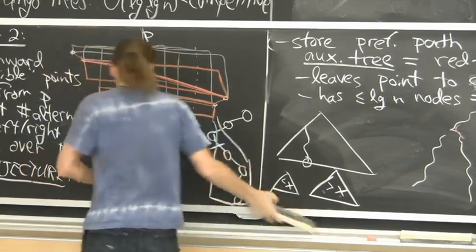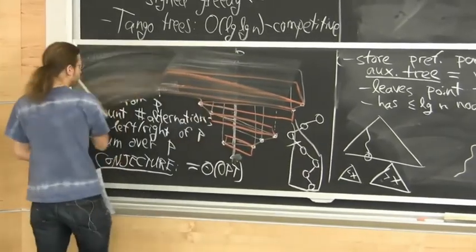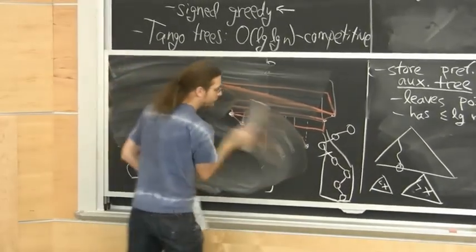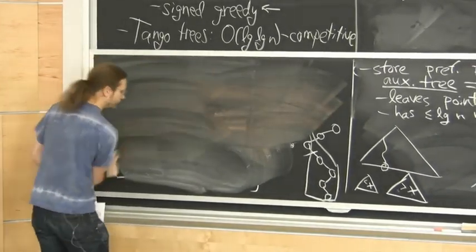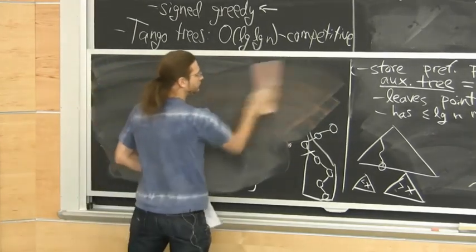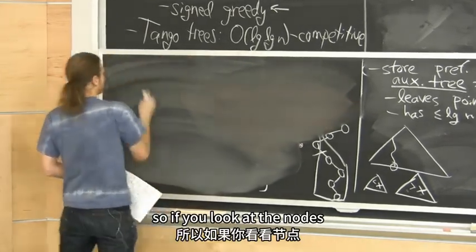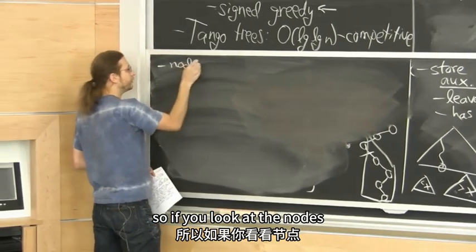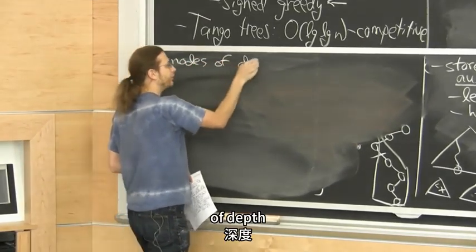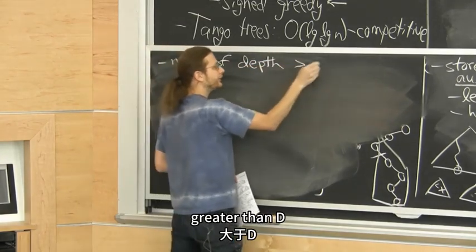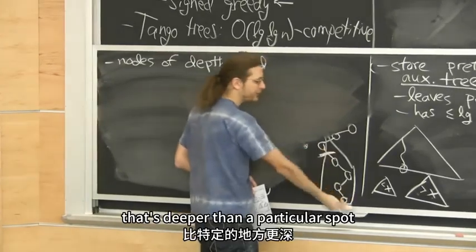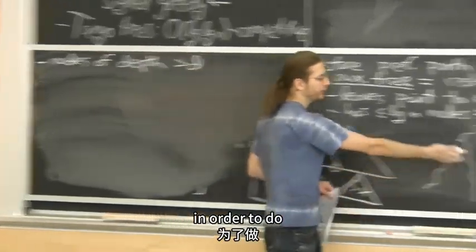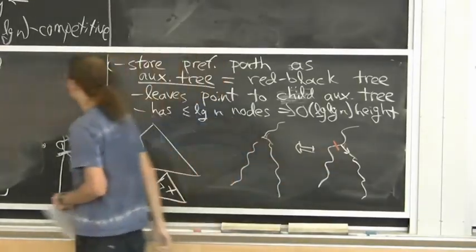Let me draw this slightly. So if you look at the nodes of depth greater than d, I want to cut off everybody that's deeper than a particular spot in order to do this kind of change.